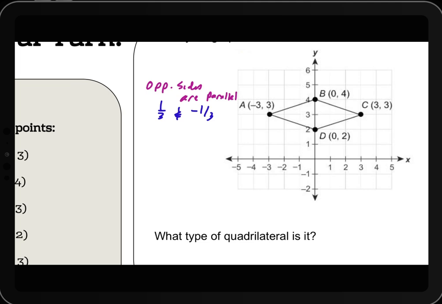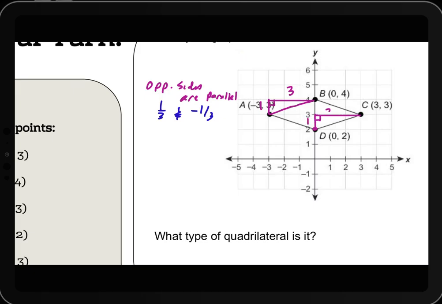But moreover than that, you can actually show that the opposite sides are congruent to each other as well. For example, you can go up 1 and you can go 3 to the right, up 1 and 3 to the right. That forms a right triangle. And with that in mind, you could do the Pythagorean theorem to verify the length of AB, but you already know intuitively that it will in fact be the same length, because look at this.